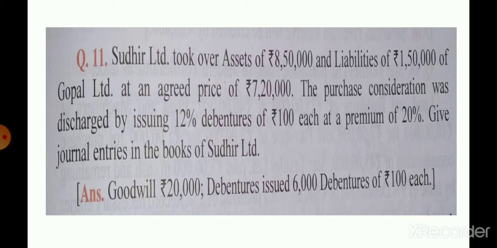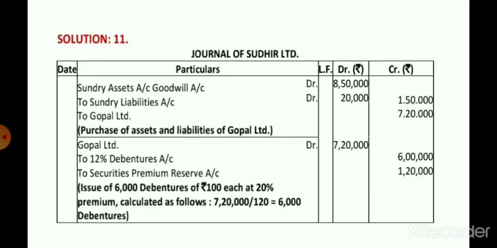Give the journal entry in the books of Sudhir Limited. So the asset is 8,50,000 and the liability is 1,50,000 and the agreed price is 7,20,000. So how many debentures will be issued?